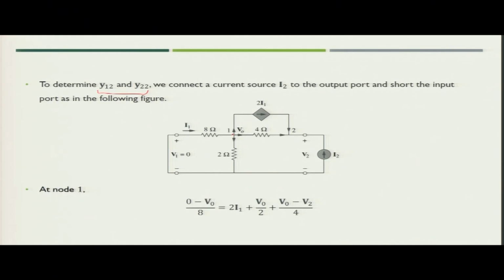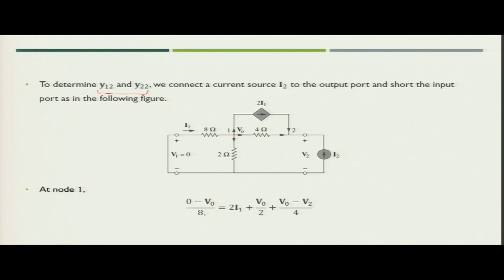Now, if you apply KCL at node 1, what you will get, since V 1 is 0, is 0 minus V naught by 8, the value of current I 1, plus 2 I 1 plus V naught by 2 plus V naught minus V 2 by 4.